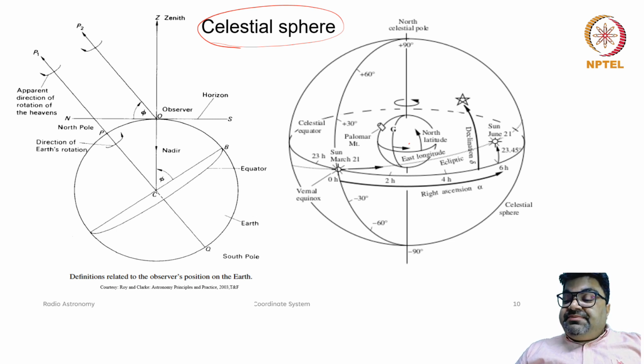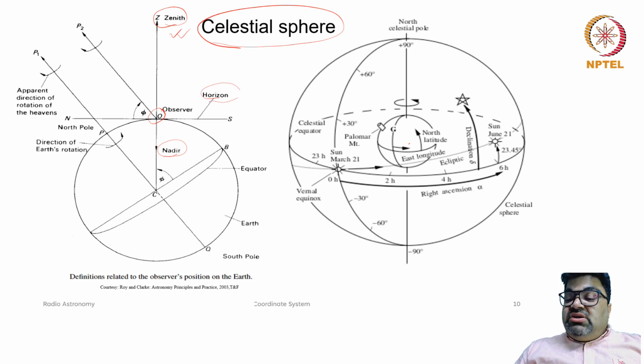First, if you locate an observer near point O and look towards the sky, the location exactly 90 degrees from the horizon, at the top of us, is the zenith. That is one definition. If you look towards the center, you define the nadir point. The horizon is 90 degrees from the zenith.